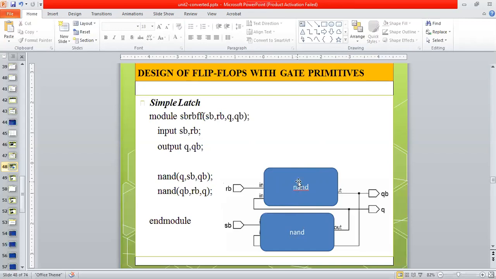In that SR latch, one gate performs a NAND operation, and this one also performs a NAND operation. For this NAND gate, what are the inputs and what are the outputs here?